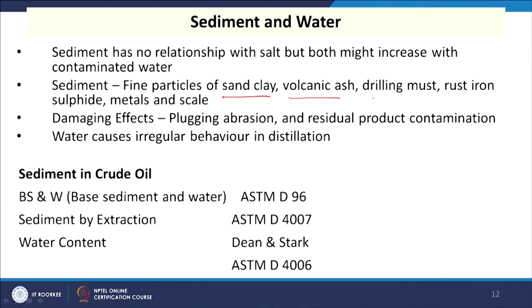As we said, when the crude oil is taken out, it contains salt and different types of sediments, which are basically sand, clay, volcanic ash, drilling mud, rust, iron sulphide, metals, and different types of scales. These contribute the sediment, and water is already available in the crude oil.